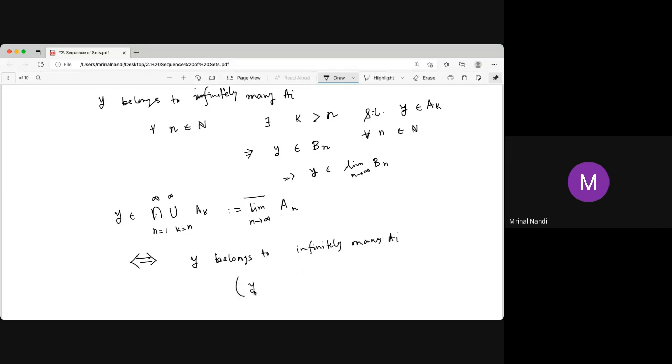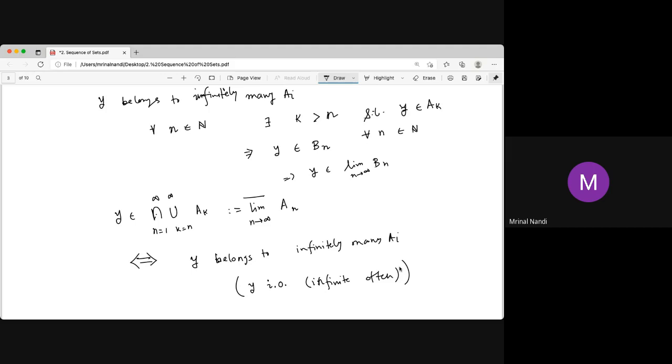That phrase is y is in A_n i.o., where i.o. means infinitely often. So infinitely often means y belongs to A_i for infinitely many i.